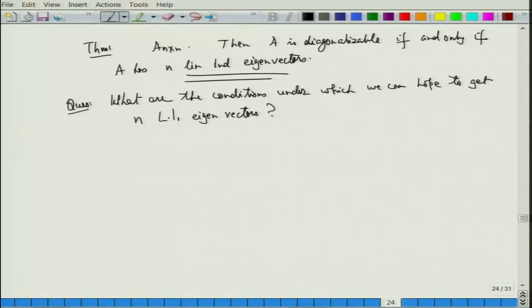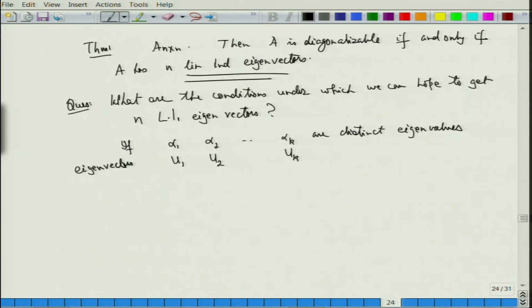So, the next thing we would like to say is that if alpha 1, alpha 2, alpha k are distinct eigenvalues, and you have corresponding eigenvectors u1, u2, uk, so A u1 is equal to alpha 1 u1, similarly A uk is equal to alpha k uk.